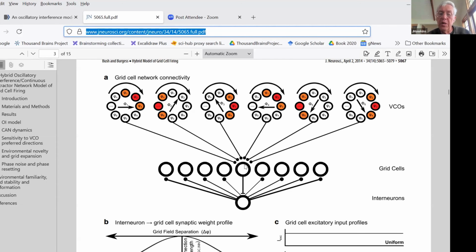And so the input to any particular grid cell is derived from this set, right? A grid cell is not movement direction sensitive. The grid cell is just as I'm in some location, and what Neil Burgess is arguing is that this particular grid cell gets inputs from a particular set of red cells here, and another grid cell gets a different set of cells.